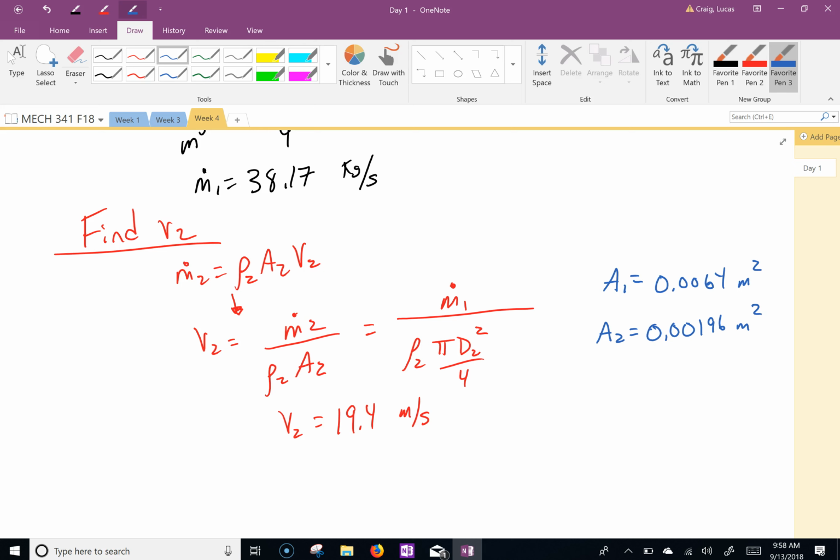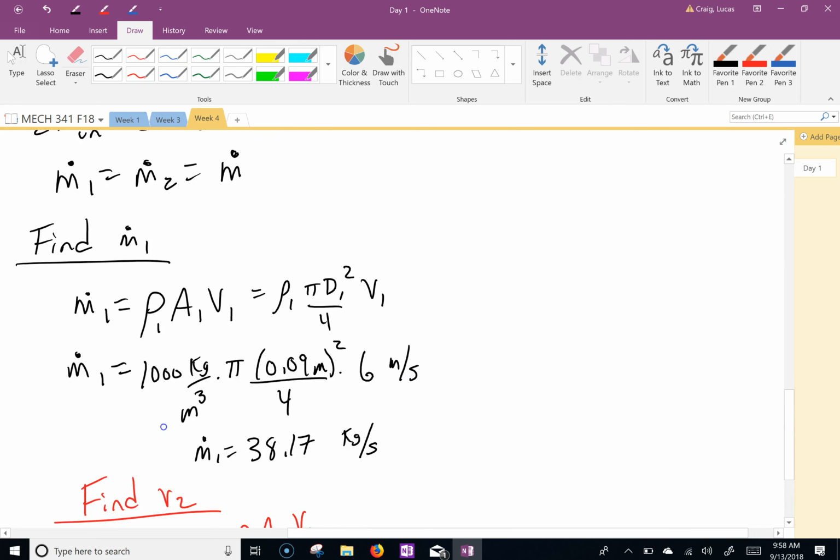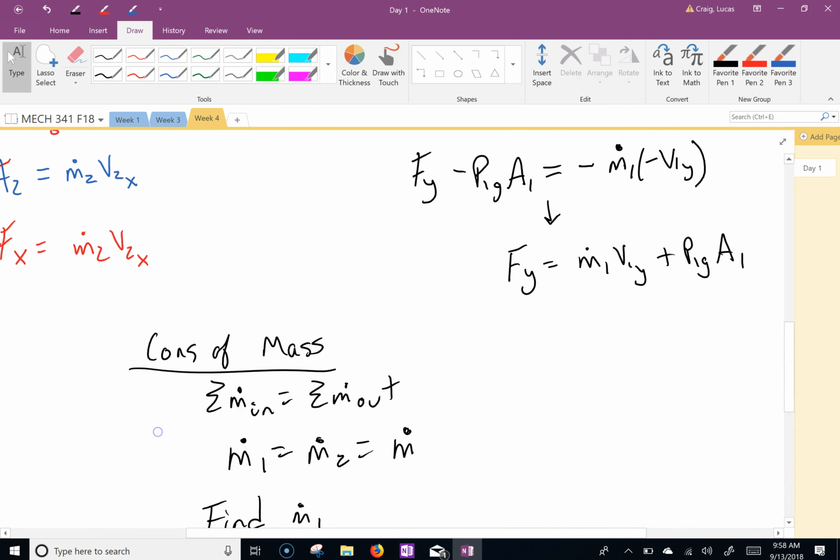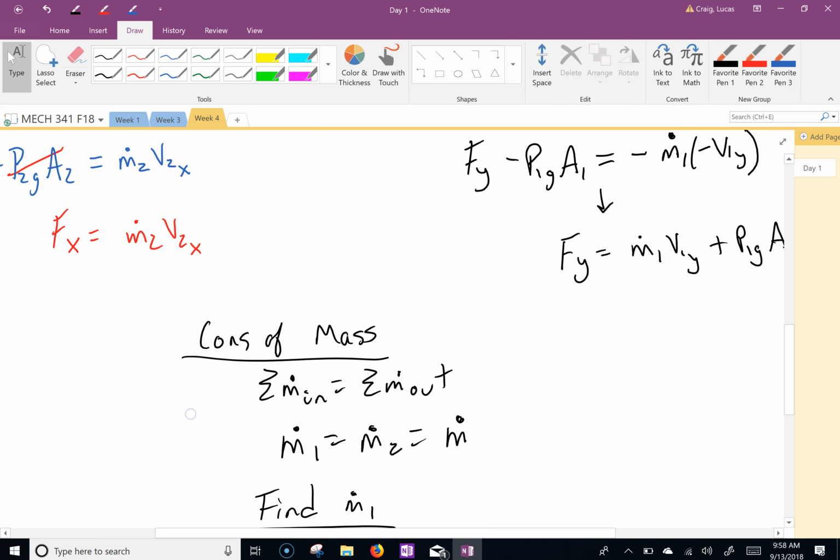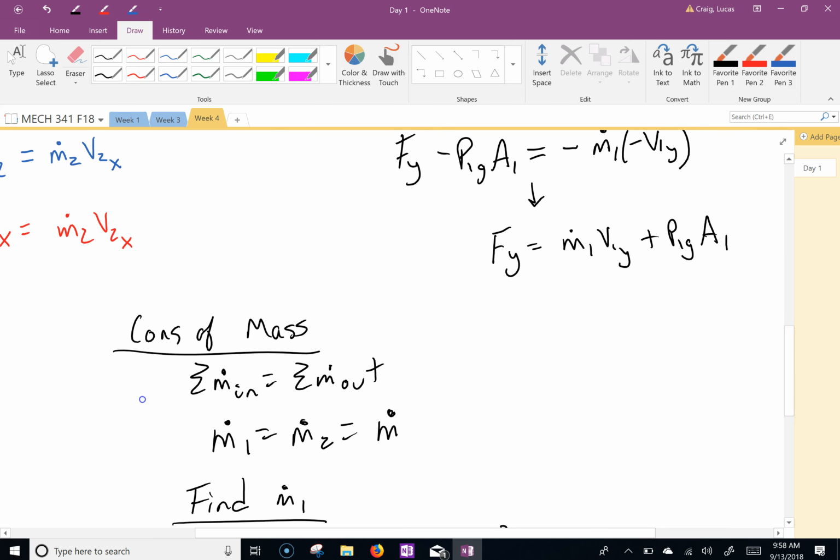Okay, so we go back up to our main equation here. We could solve for Fx, right? But we might as well find everything we need and then solve them at the end. The only last thing we're missing is P1 gauge. How do we find that?